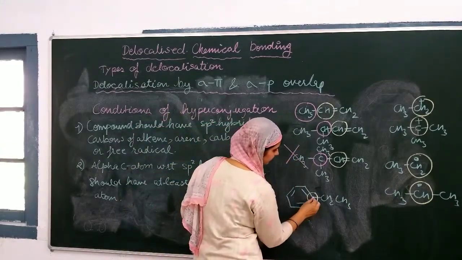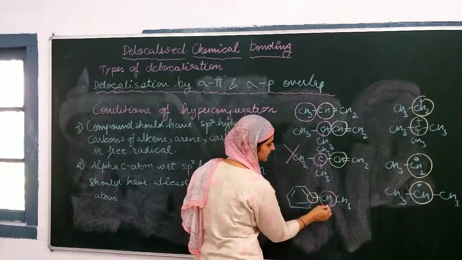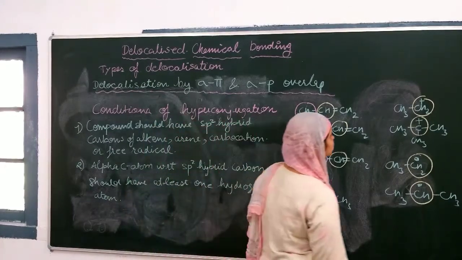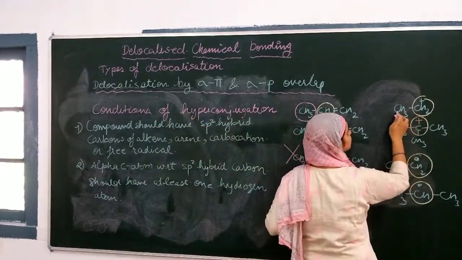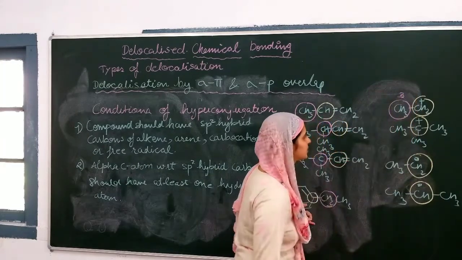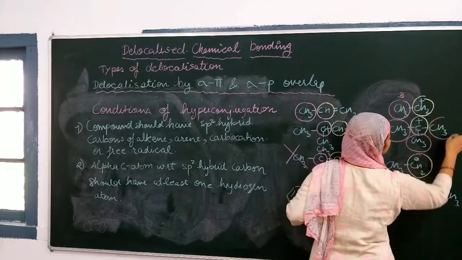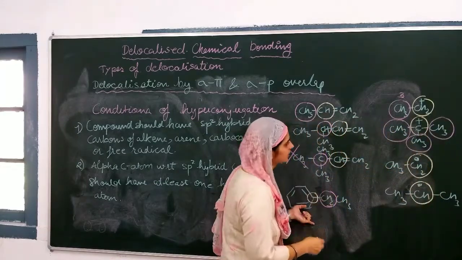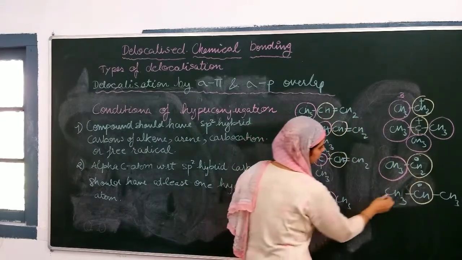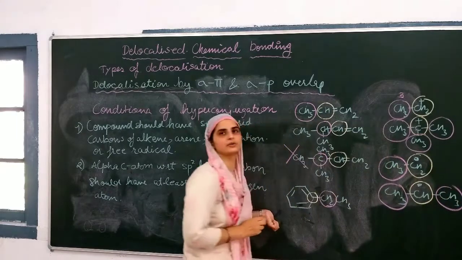In this case, alpha to this is this carbon, which contains 2 hydrogen atoms, so hyperconjugation is possible. And alpha to this is this, so we have 3 alpha hydrogens. In this case, we have 9 alpha hydrogens. In this case, we have 3 alpha hydrogens, and in this case, we have 6 alpha hydrogen atoms.